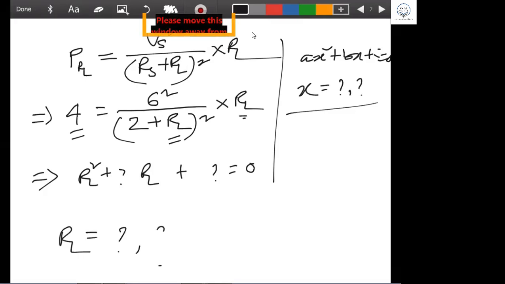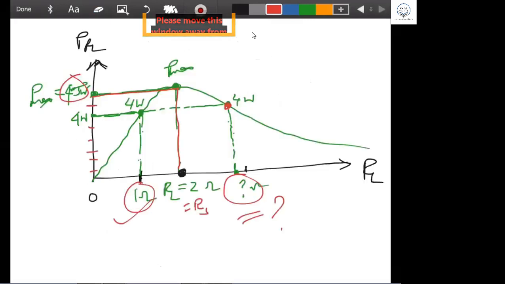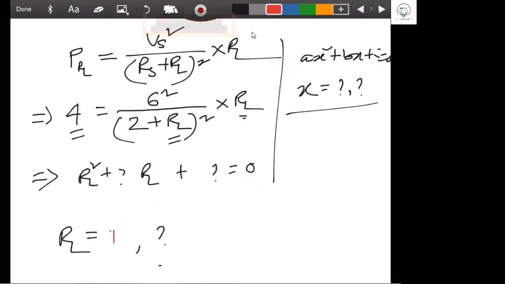And one value you already know. Can anybody tell me what is the one value? One. RL is one. Absolutely correct. One value is one. Another value we are looking for. What is the second one? That one comes from here.